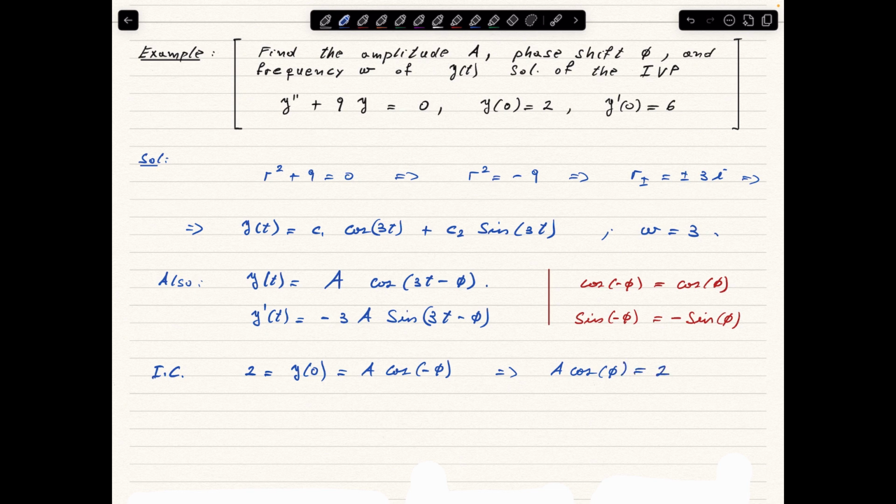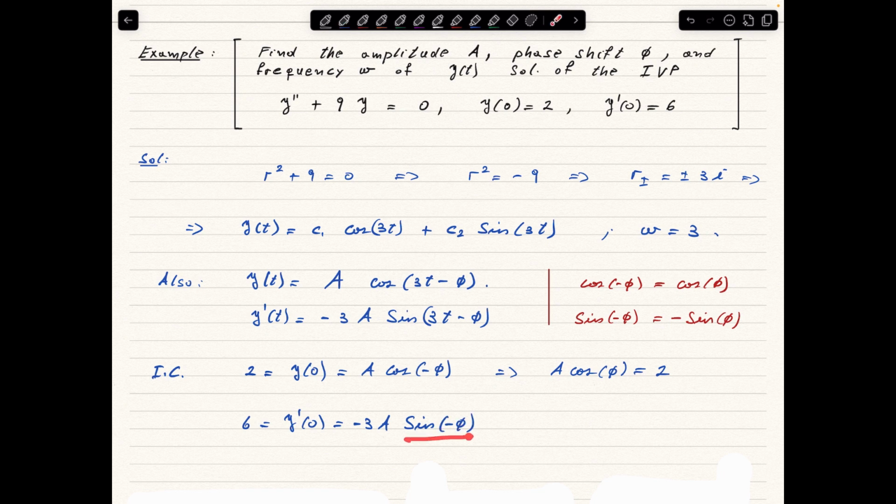to, and from the initial condition on the derivative, we get that 6 is the derivative at 0, which is negative 3a sine of negative phi.